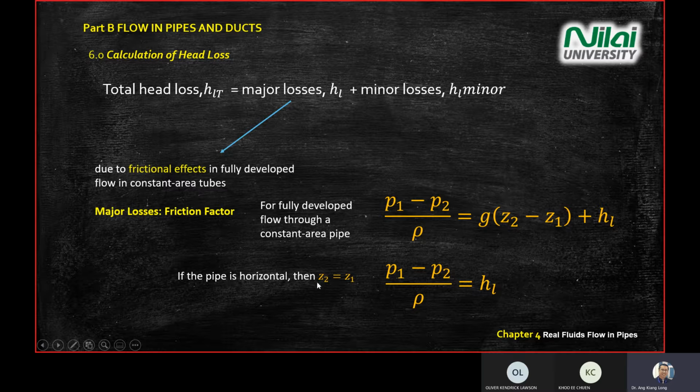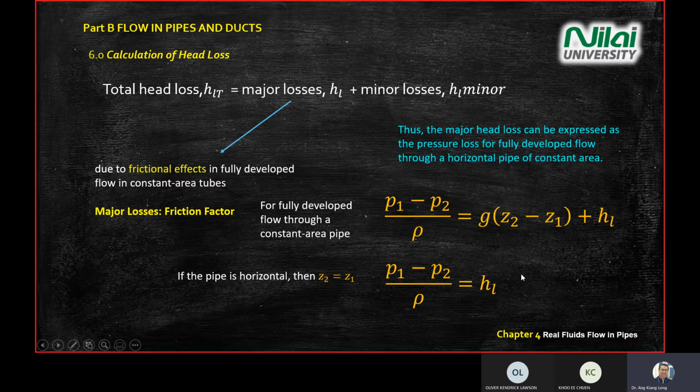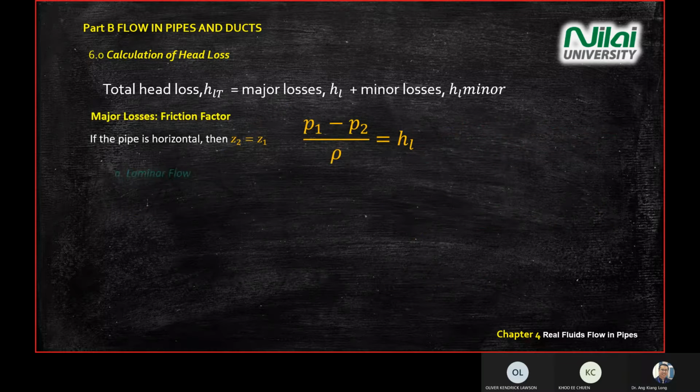There will be some angle in the pipe, so there is some value for Z2 minus Z1. Just take note of this. So far, any questions on these three equations? Quite direct, right? No, sir. What is important is how you apply this equation.